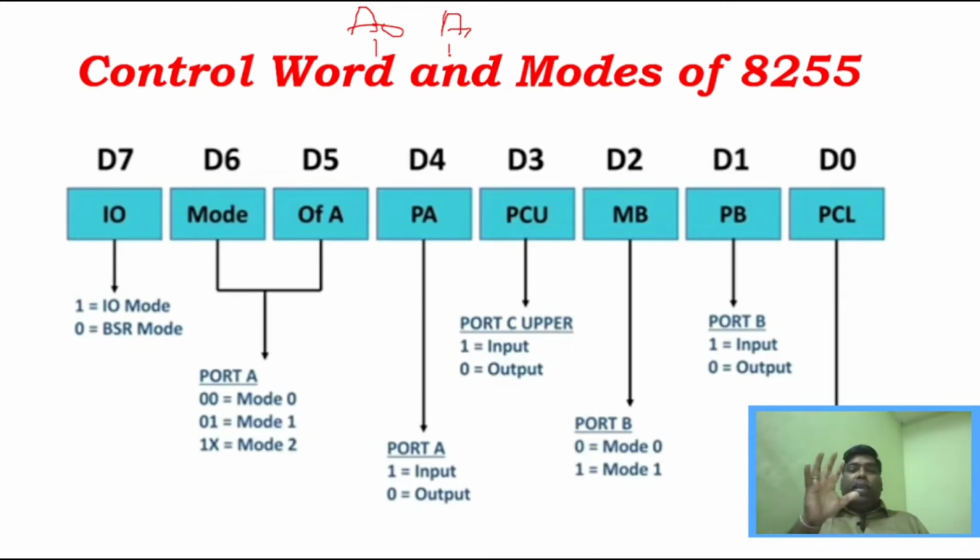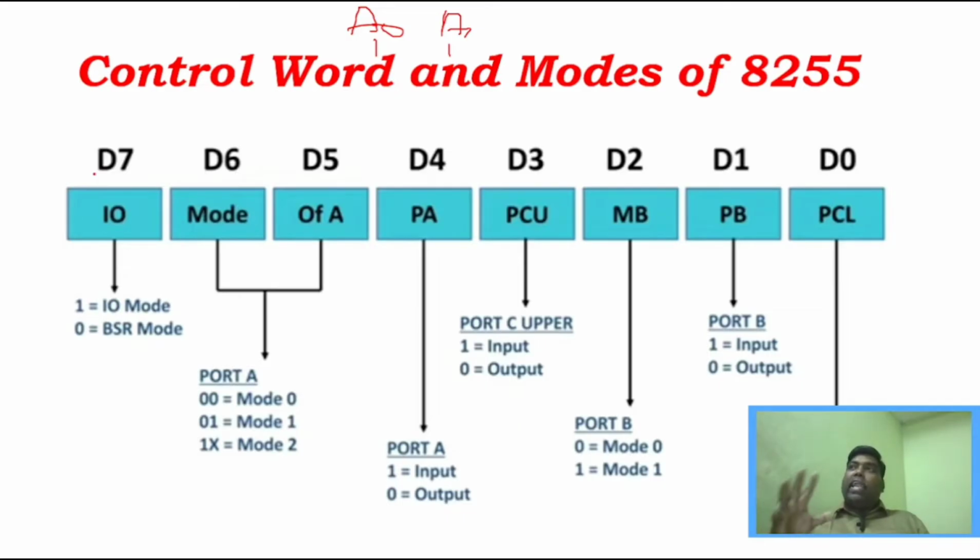How port A works, whether it works in mode 0, mode 1 or mode 2, is configured using the control word register, right? You know that the control word register is 8-bit; we load the control register through the data bus buffer D0 to D7, right?